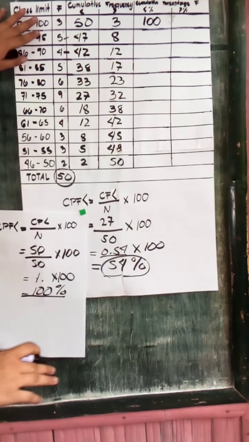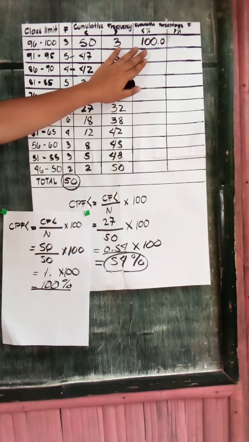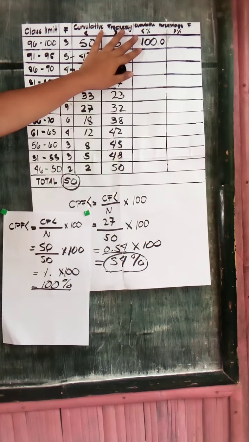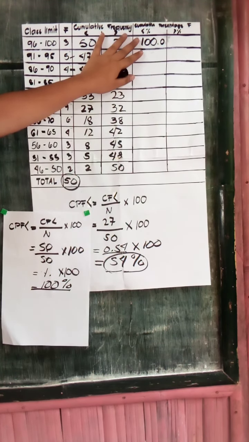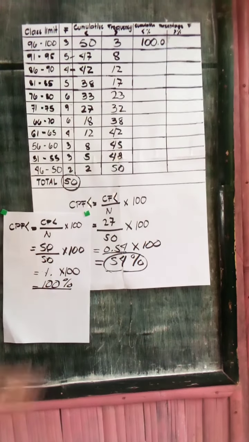Now we will find the second row of cumulative percentage frequency lesser than. So, next, I have another example.